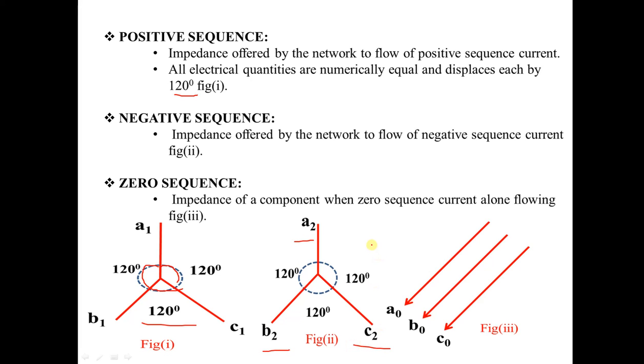And similarly for zero sequence current flow, this is the representation for the zero sequence impedance.